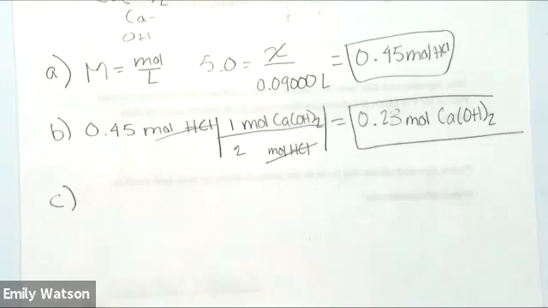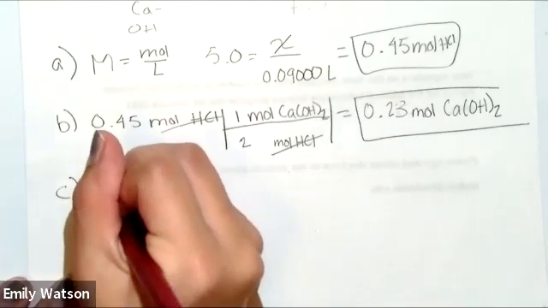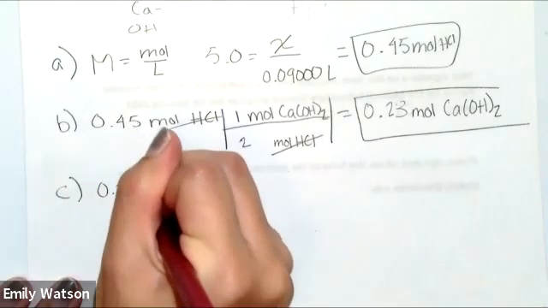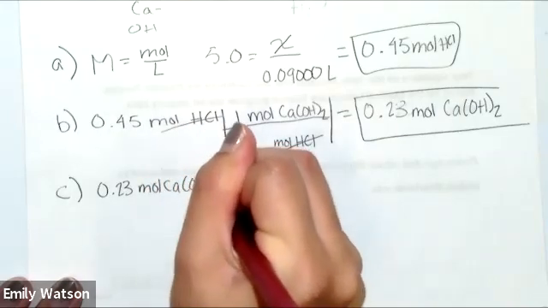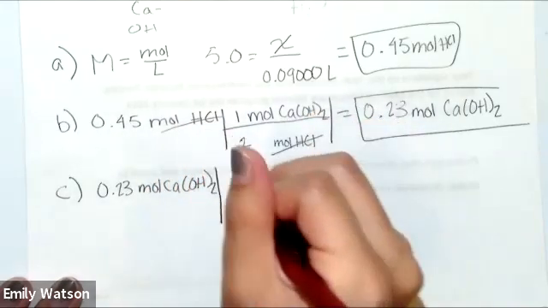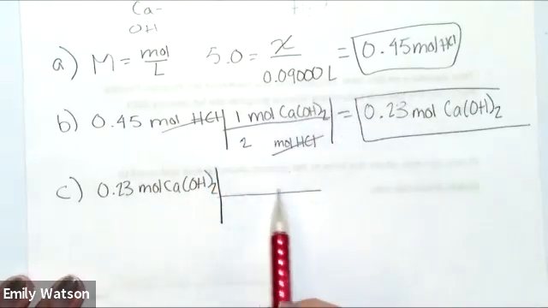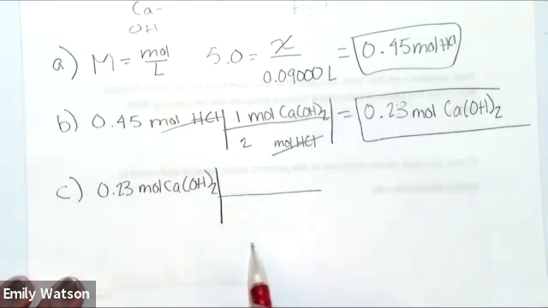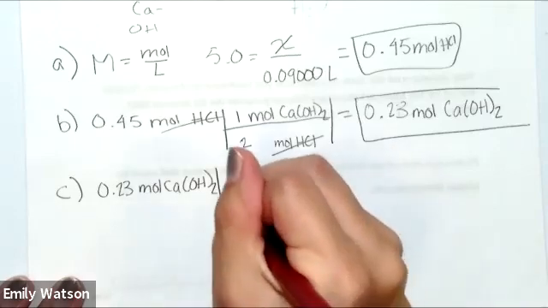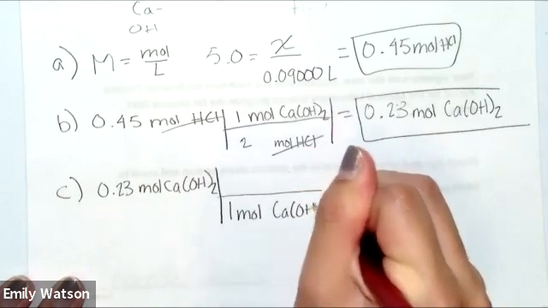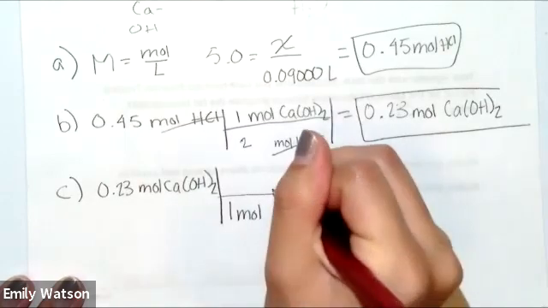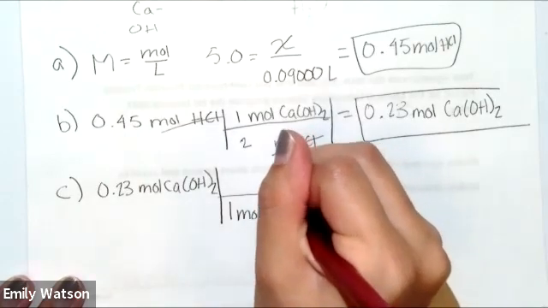So how many grams of calcium hydroxide were used? Well, we know we used 0.23 moles, right? So what do we need over here? 1 mole. And what unit on top? Grams.